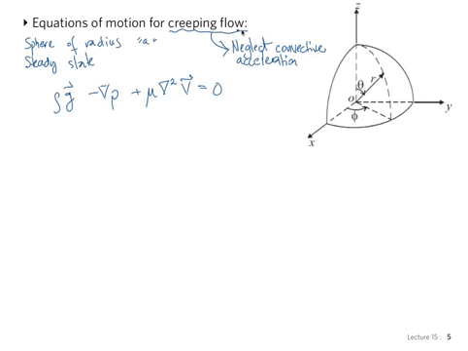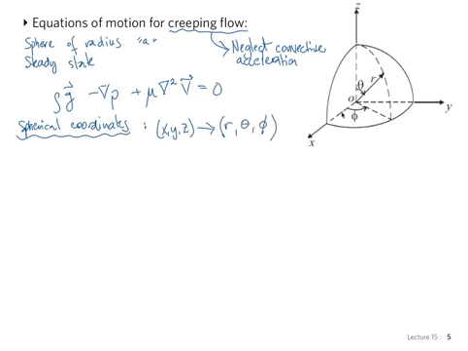So for the case of a sphere of radius a, it's convenient to use spherical coordinates. And if you recall, spherical coordinates, I'm just going to sketch the derivation. I'm not going to do the whole thing. This picture is to remind you of spherical coordinates, where you want to go from the Cartesian x, y, z to coordinates which are a radius and the two angles shown in the picture.